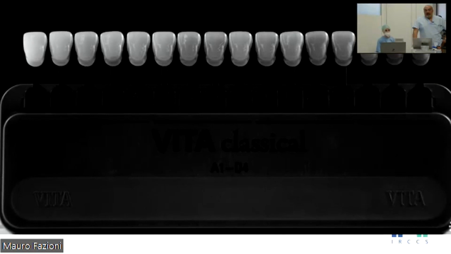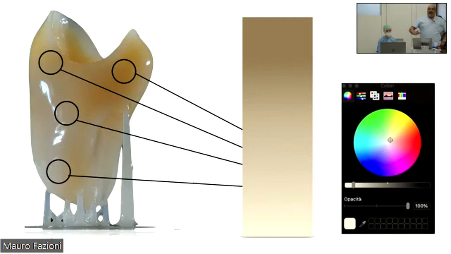So the Vita Classical can be changed in value, increasing, moving the tooth, okay? A 3D printer like this can give a different kind of chroma in the same session, in the same tooth, without any touch from the doctor or the dental technician.